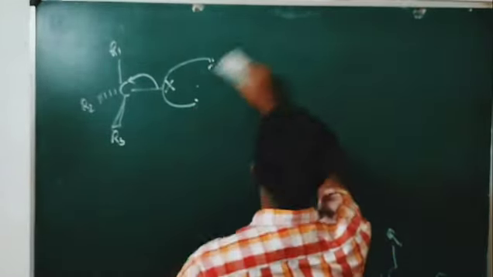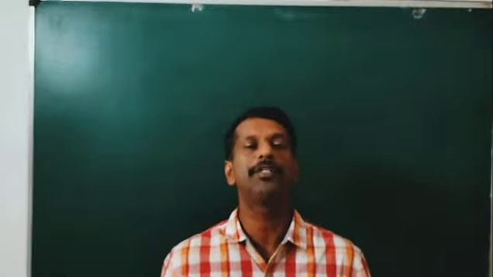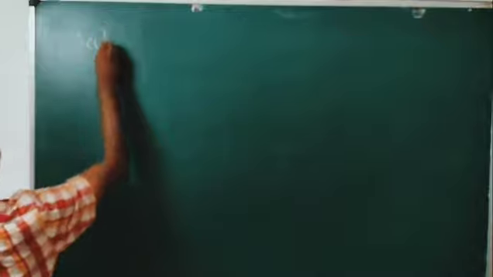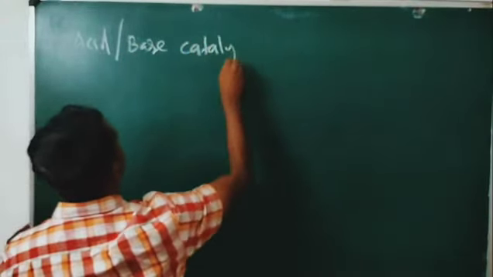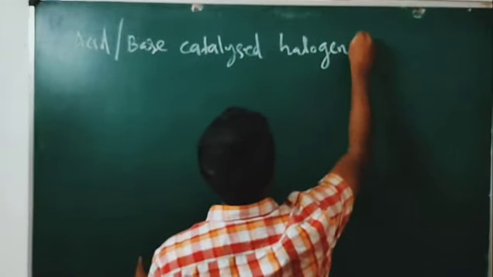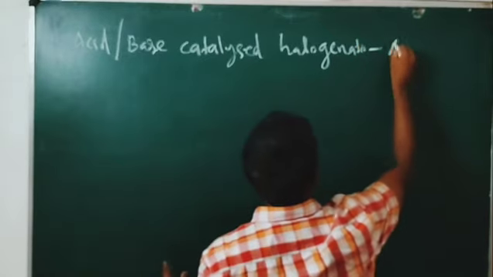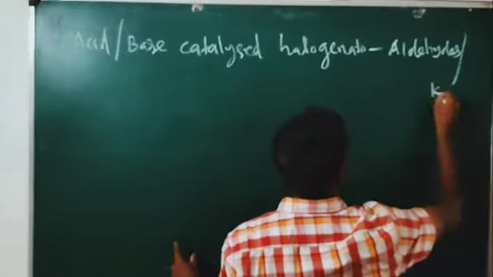Now, an example for the SE1 reaction. If you take a specific example, we can see the acid or base catalyzed halogenation of aldehydes or ketones.